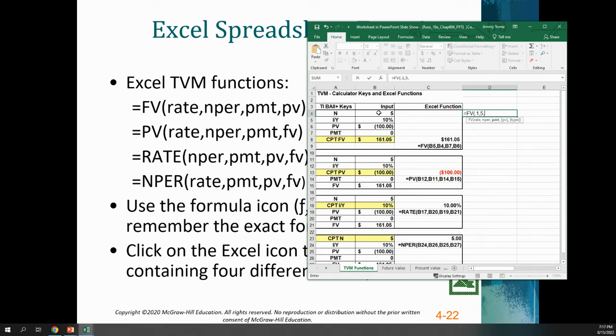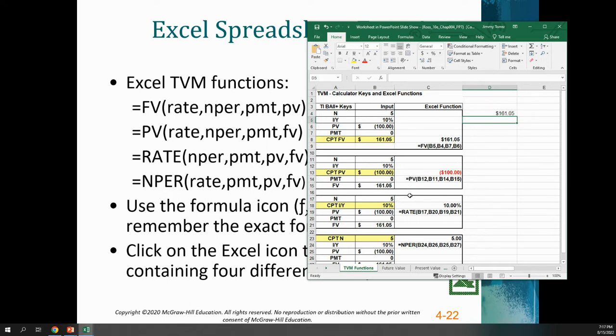Payments, as said, the default is 0. Present value here is going to be negative 100. And then we have type, which I'm going to go ahead and put, even though default is 0, which means it's compounded at the end of the period. And boom, we get $161.05, just like we have here.